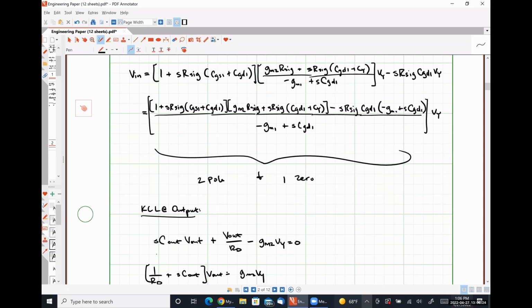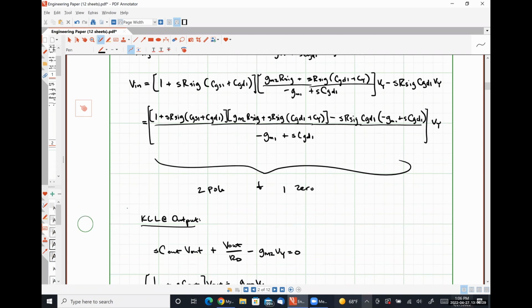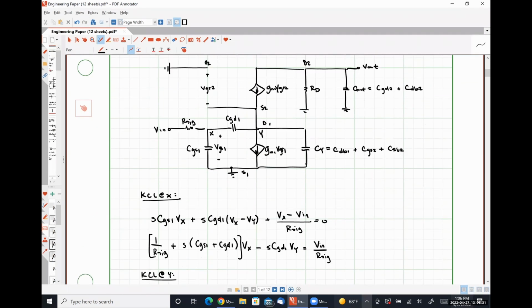All right, so this would be doing it the hard way. We could also break things down using that Miller method again. If we were so inclined, we could split this capacitance CGD1 up here and put a portion of it in parallel with CGS1 and put a portion of it in parallel with CY.